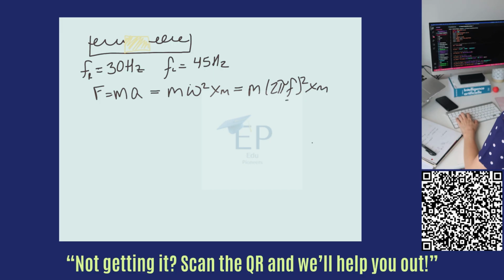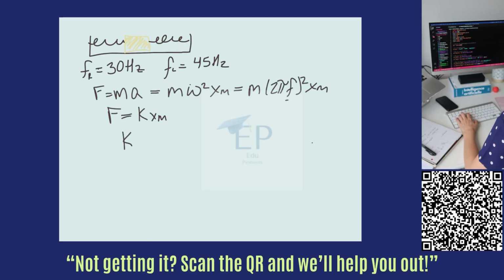The second equation for force that we're going to be using is force equals k times your position. So because these two both equal force, we can actually put them together and have them be equal to each other.